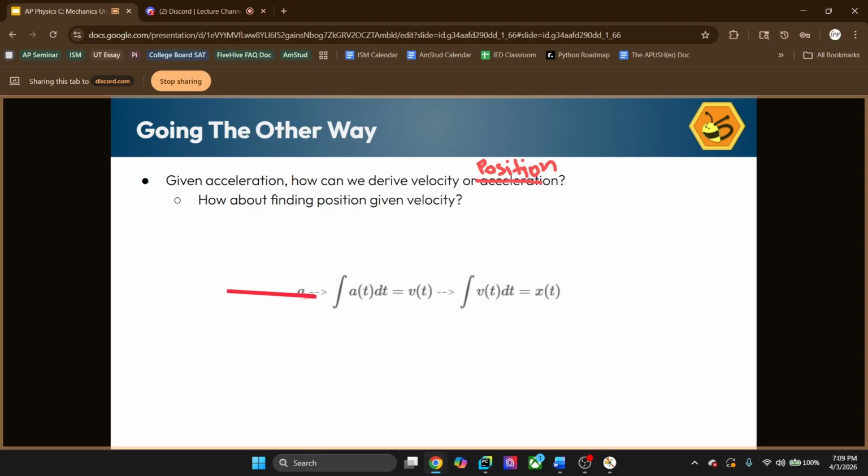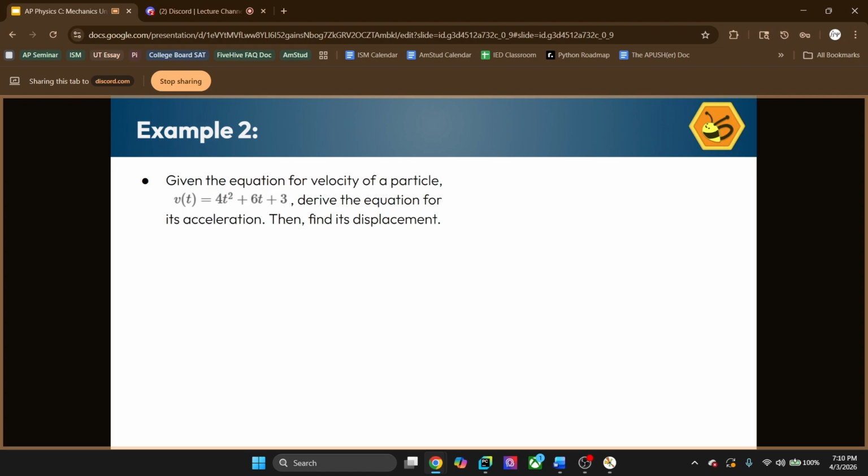So here we have a, and in order to get v, we simply integrate a of t with respect to time. In order to get the position, we integrate the velocity, and that's that. So that answers this question as well. Let's move on. Now let's take a look at the second example.